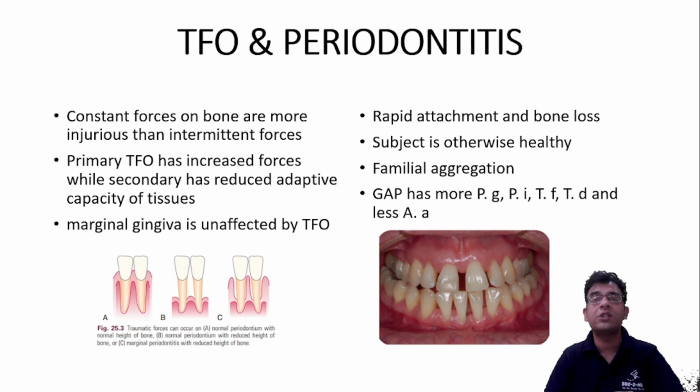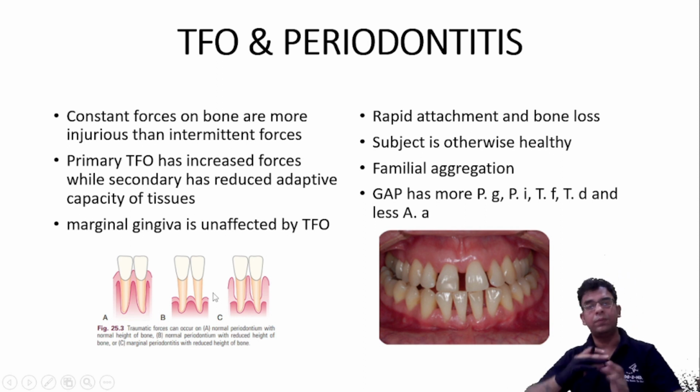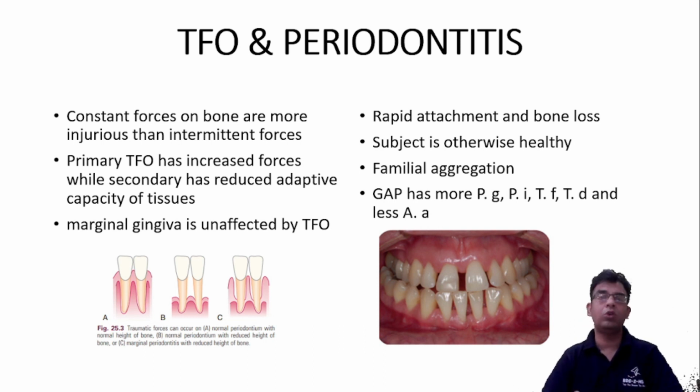Okay, TFO does not affect marginal gingiva, so TFO does not cause increase in GCF flow. These are the points that you must remember about TFO. The stages of tissue destruction, what happens in injury phase, in remodeling phase, in repair phase, everything you have to remember about TFO. What is primary, what is secondary, normal bone, normal periodontium, everything you have to remember.